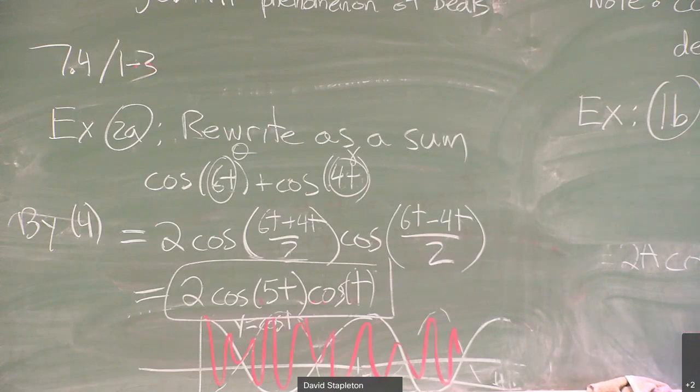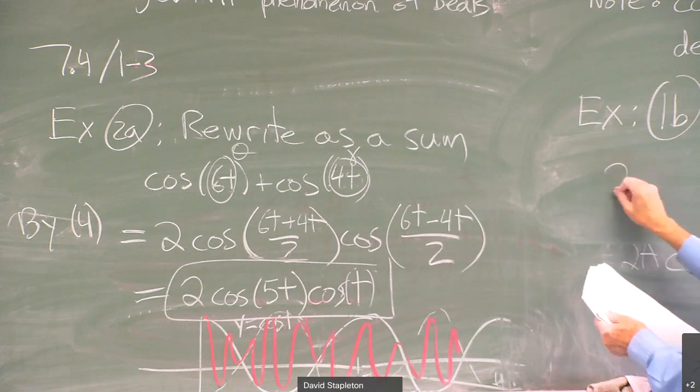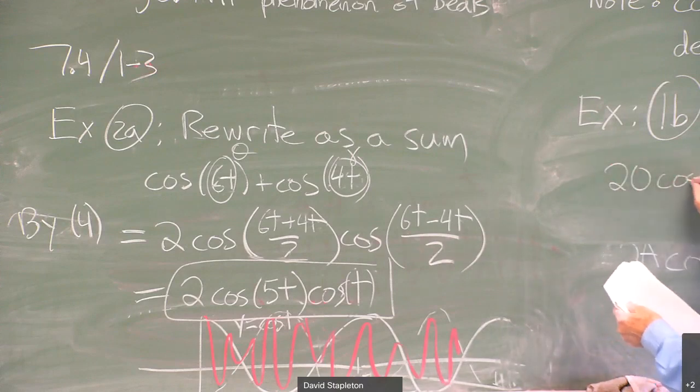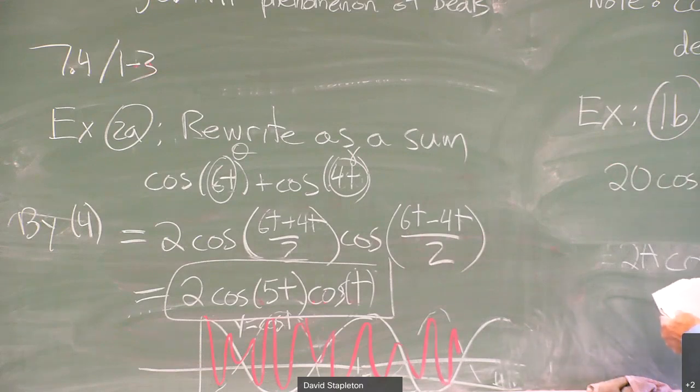We'll call them sum to product identities, even if it's written as a difference, because a difference is just minus the cosine or sine of minus the angle kind of thing. Okay, write as a sum or difference, suppose I gave you this one, 20 cosine 36t cosine 6t.